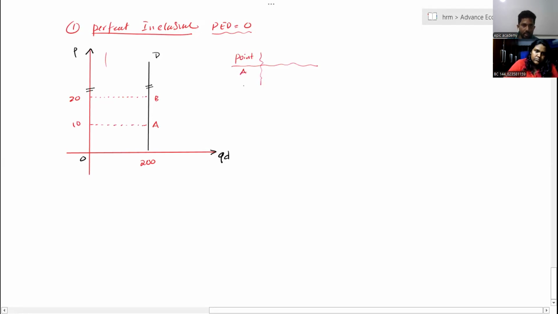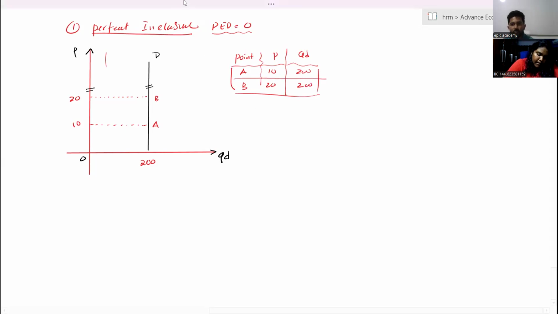Point A, point B, price of the commodity at point A, it is just 10, and the quantity demanded is just 200. Price of the commodity at point B, it is just 20, and quantity demanded is just 200. No change in the quantity. Did you see that one?